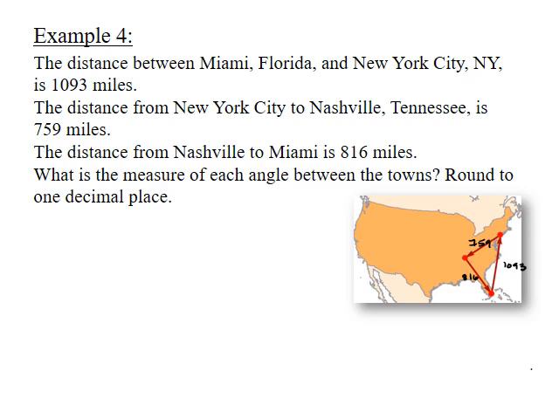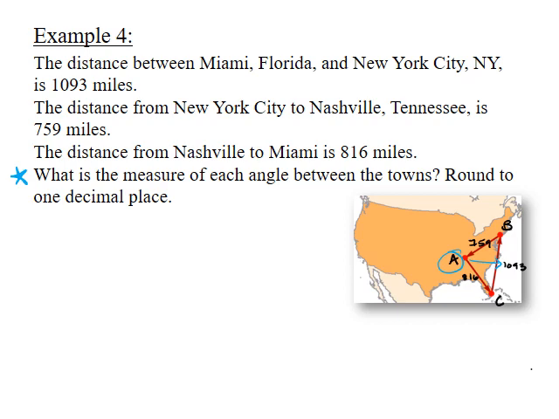I'm going to go ahead and label this triangle as A, B, and C. And we are asked to find the measure of each angle between the towns. Okay, so if I want to do this, typically we will find the largest angle first, which is angle A because it's across from the longest side.